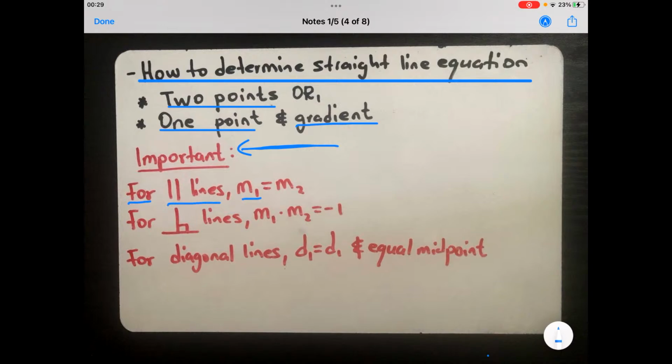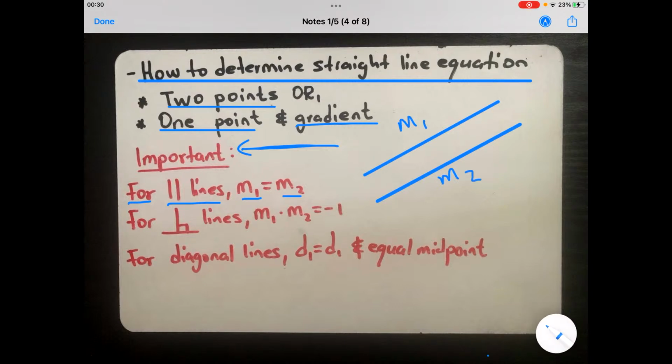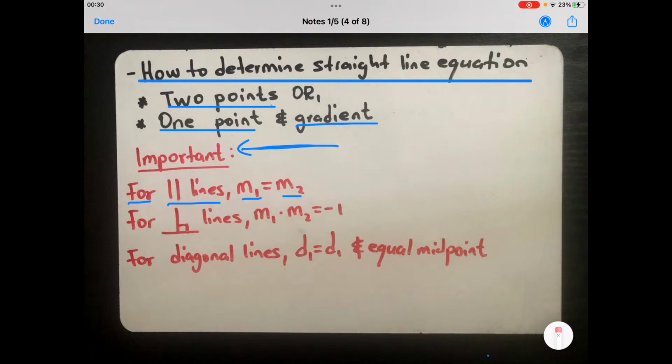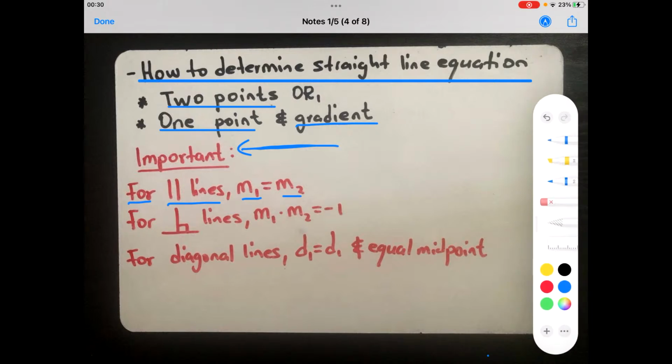So it's more like I'm saying when you have a line which is parallel to that line, the gradient of line 1 is equals to the gradient of line 2. That's all that you need to remember regarding parallel lines. It is as easy as that, but it might be tricky in a question, which is where you need to make sure that you don't miss any of my upcoming lessons.